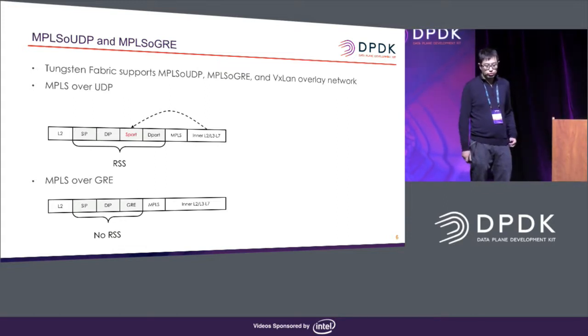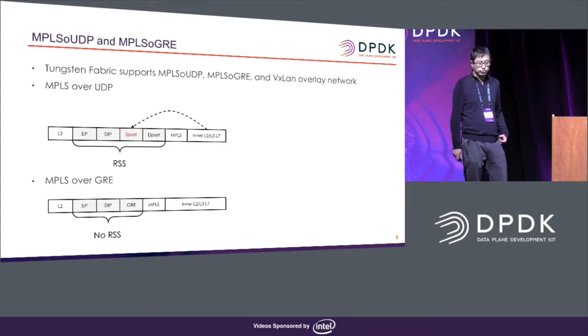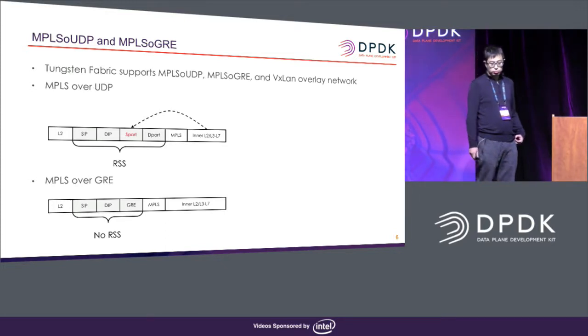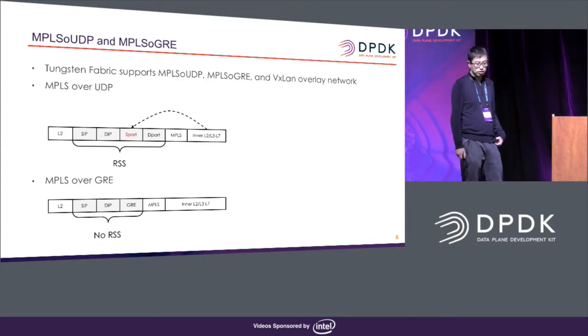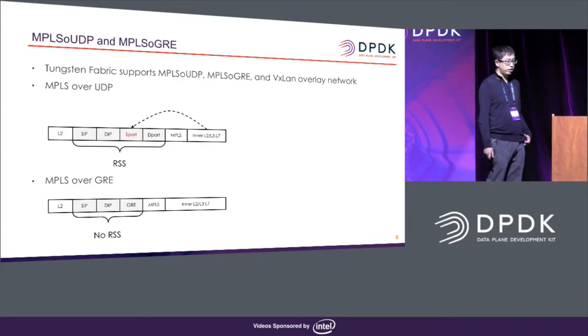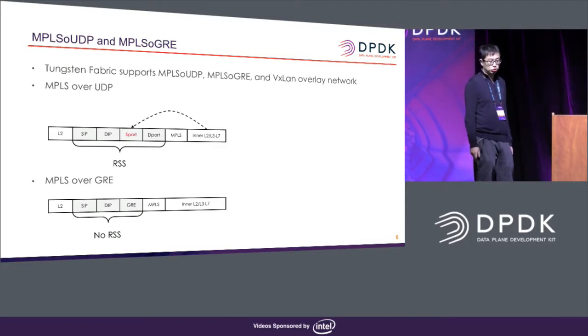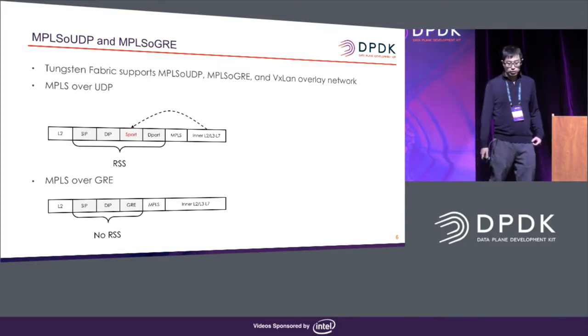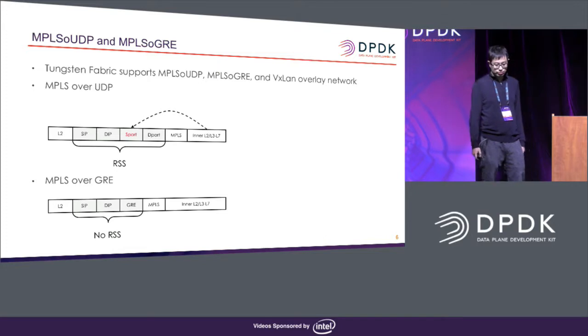So it's not a problem for MPLS over UDP in Tungsten Fabric, because the source UDP port will change according to the inner packet header. So the traditional NIC can still do receive side scaling for these packets to different queues. But for MPLS over GRE, it's a problem because the traditional NIC can't do RSS for this.